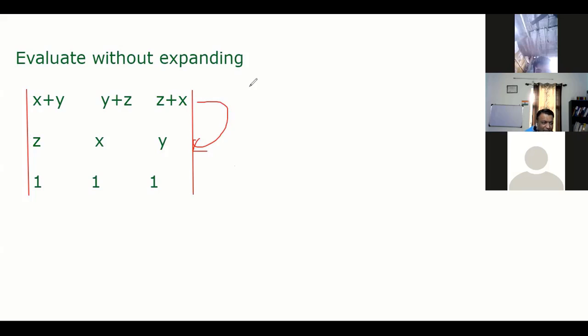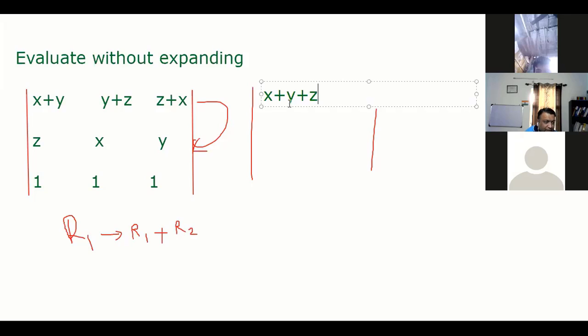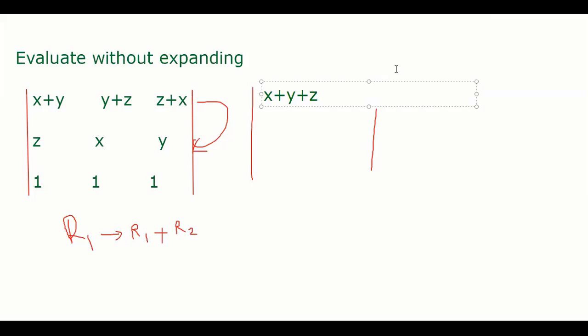Sir, we can add it, sir. Correct. So I am doing the operation R1 plus R2, meaning I am adding row 2 to row 1. What does my first row become now? x plus y plus z, then again x plus y plus z, and the third also becomes x plus y plus z.